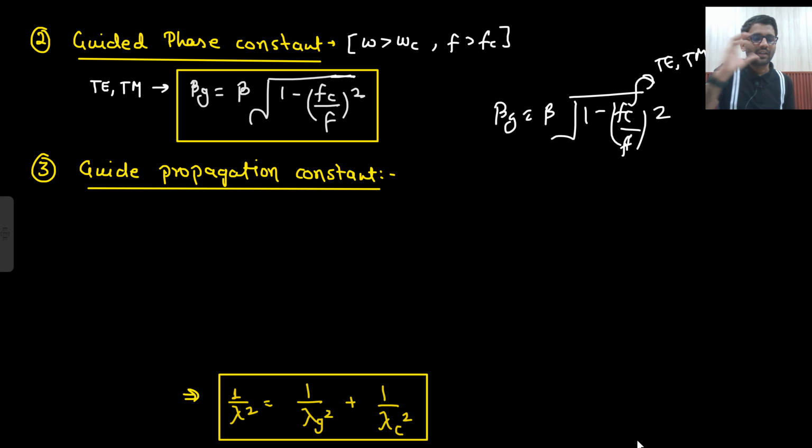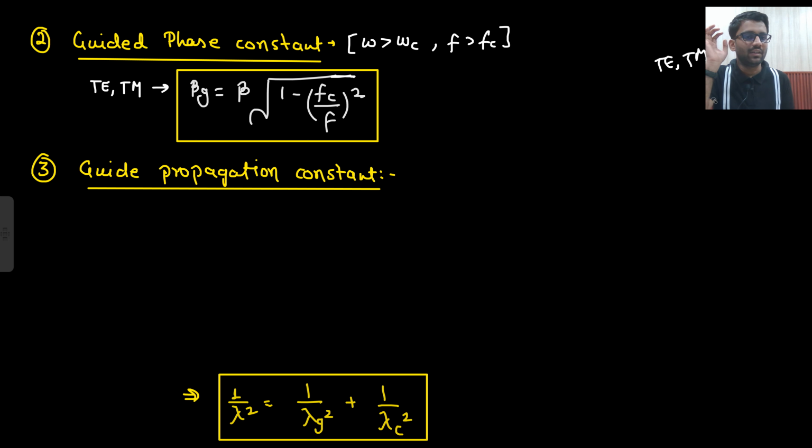In case of rectangular waveguide, the beta g expression will be the same for both of the modes. But in case of circular waveguide, it will not be the same. Although the formula is the same, beta g equals beta into under root 1 minus fc by f whole square, the fc value is different. Beta value is the same for both of them, f value is the same for both of them, but fc value is different. So the beta g expression will also be different.